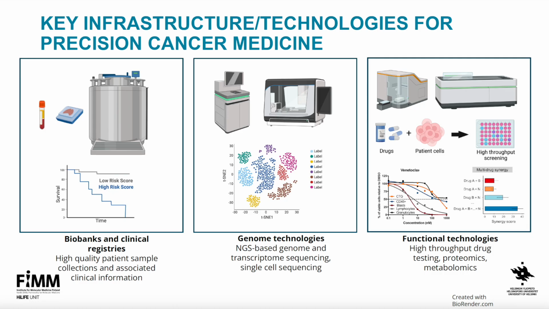So for a disease like AML, we might only see 200 to 300 patients with newly diagnosed disease, and it was important to have a standardized repository and also a clinical registry that could match those samples to the clinical data.